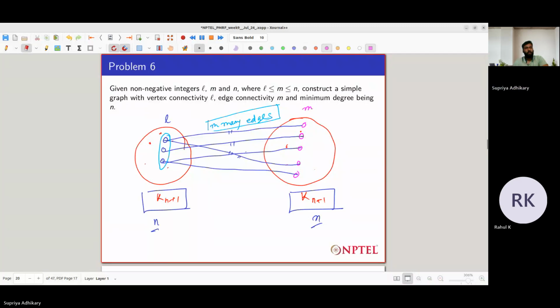And for edge connectivity, if we delete all these m many edges, then this will make two connected components with n plus one many vertices each, and therefore the edge connectivity is again m. So this is how we can construct this graph.